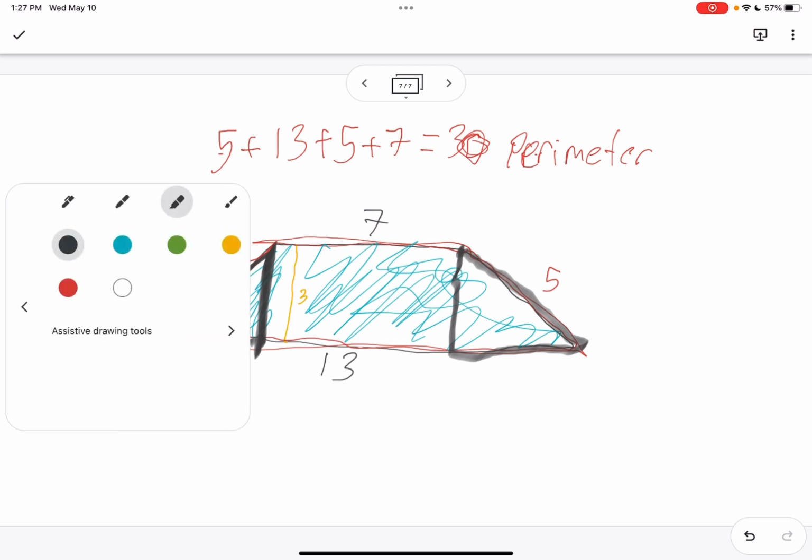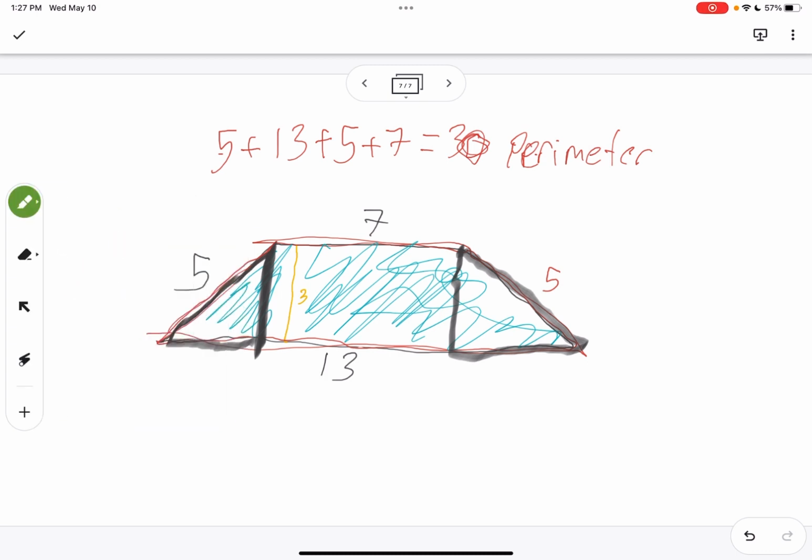And then we have this rectangle right here, okay? This is easy, okay? We know that the length of this side of the rectangle and this side of the rectangle is 7. So this is going to be base, which is 7. It's not 13 because 13 is all the way across the whole thing.